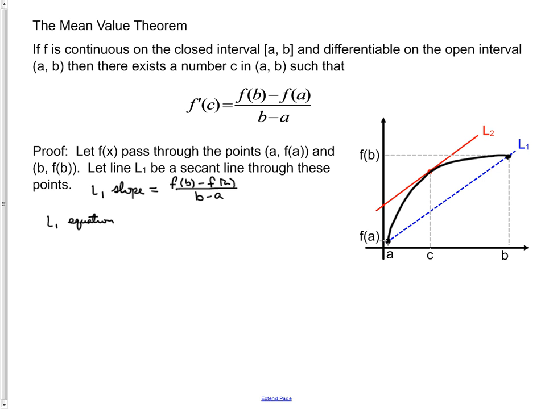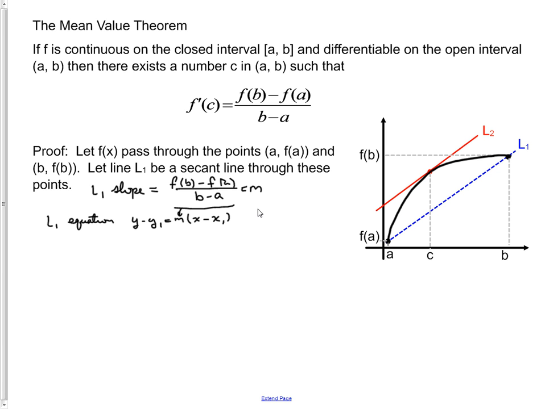Our point slope formula is the kind of formula, recall, that goes like this: y minus y1 is equal to the slope m times x minus x1. So we need a point and we need a slope right here. Well, we've got our slope right here. This is m for line 1.